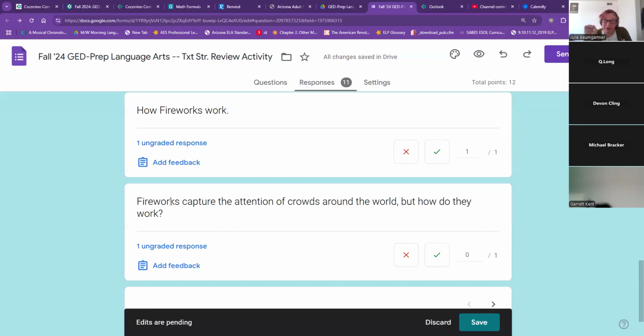But the thing to remember, guys, is that when you're analyzing a text and trying to pull out information from the text, copying a whole sentence from the text just isn't the best way to do that.